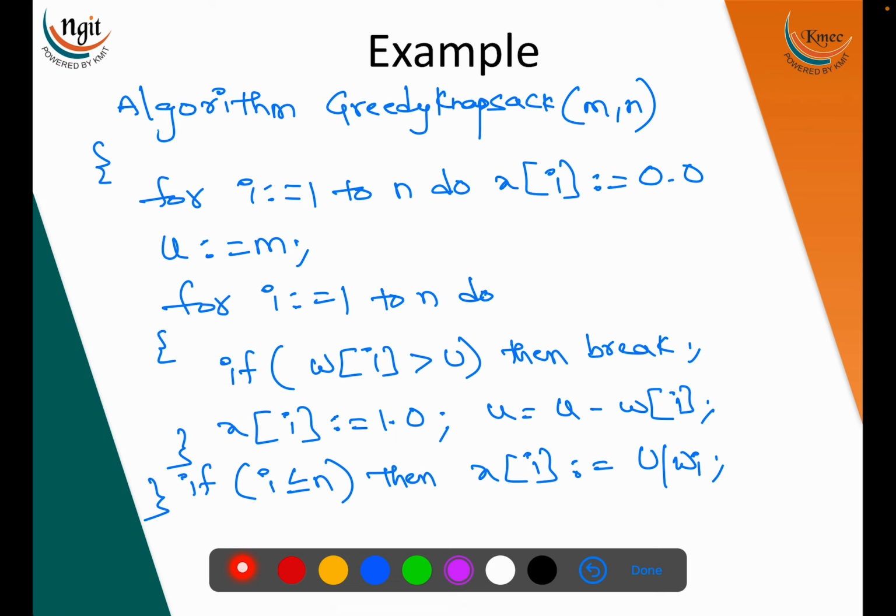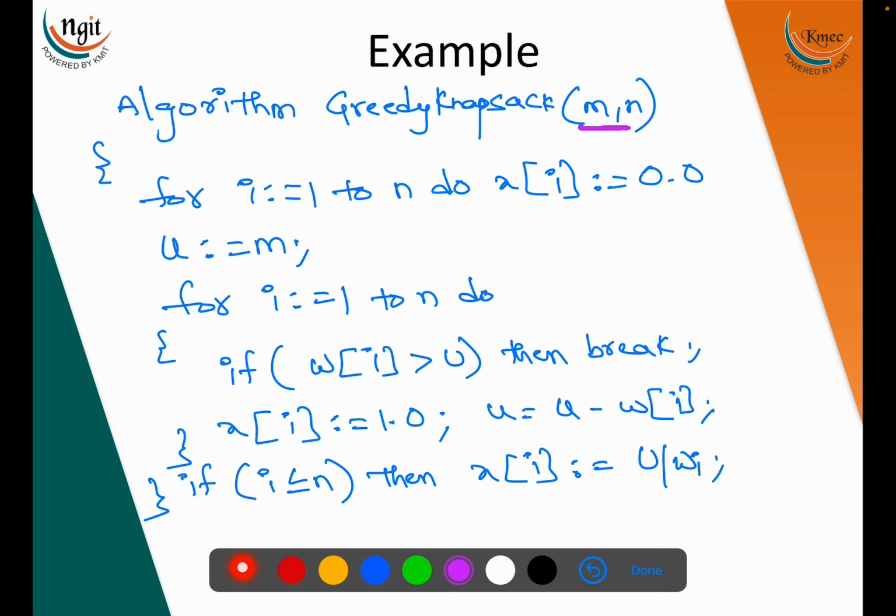Before we take an example, let's understand the greedy knapsack algorithm. It takes two parameters: m is the capacity of the bag, and n is the total number of items.